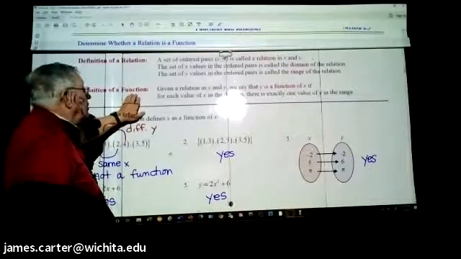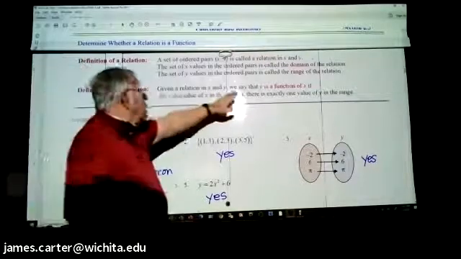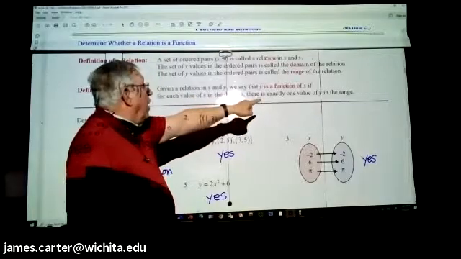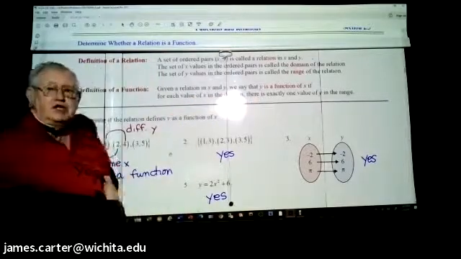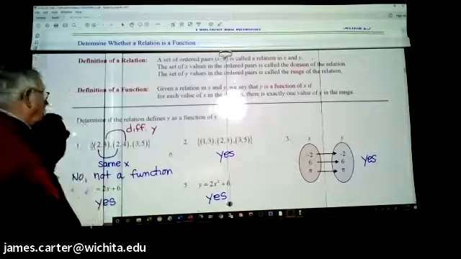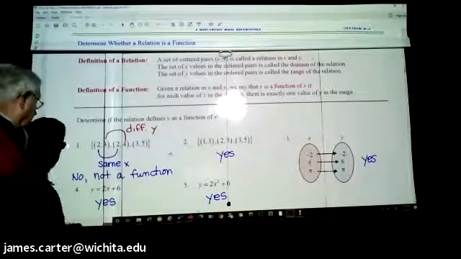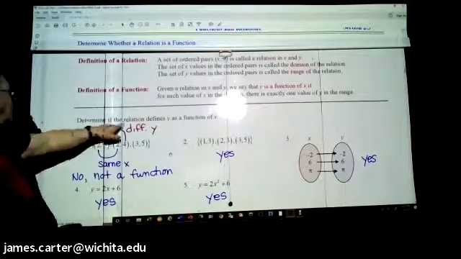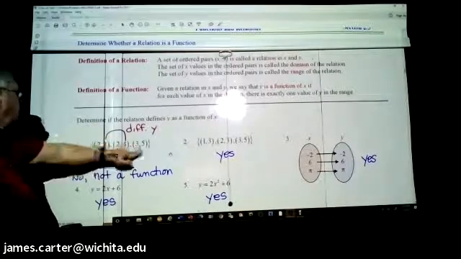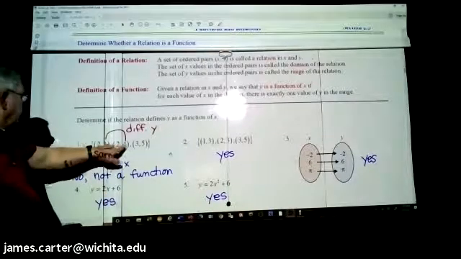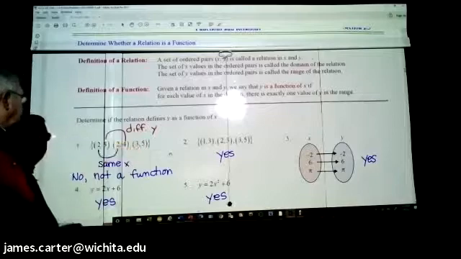Now, a function, we say that y is a function of x if there's only one value of y for each x value. We had some examples of that, which we'll be going over again. Now, here's a set of points. We've got the domains, the pair of 2's, and the 3.